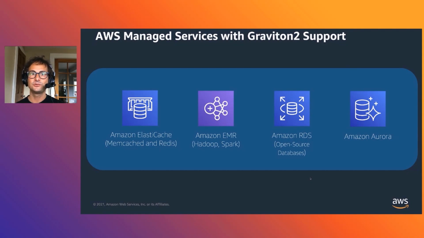We've also introduced support for Amazon EMR, so you can run your big data workloads on Graviton2 based instances. It is now also supported for Amazon RDS for different flavors, including MySQL, Postgres, and MariaDB. And we've also added support for Amazon Aurora. For most of those services, there's a minimum version that you need to be using to benefit from the Graviton2 based instances.